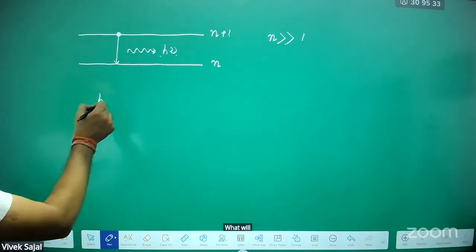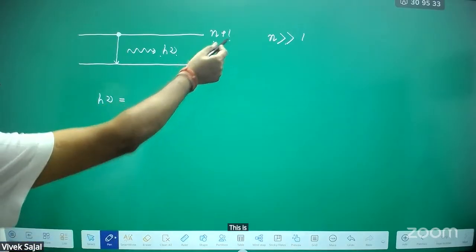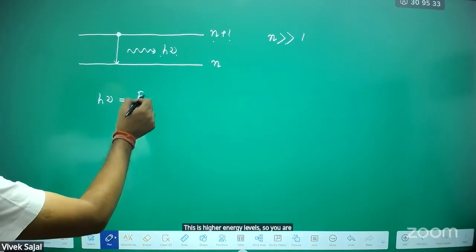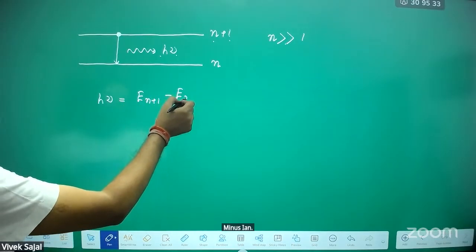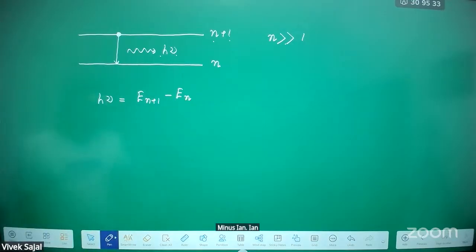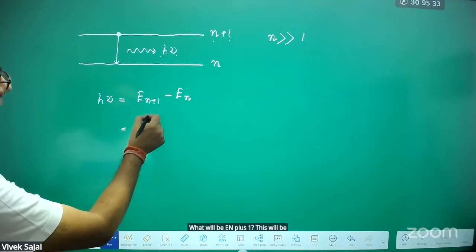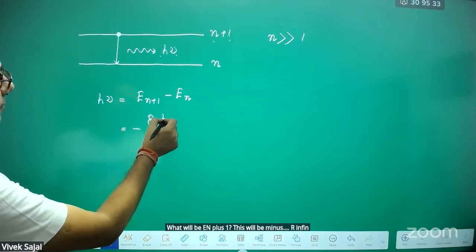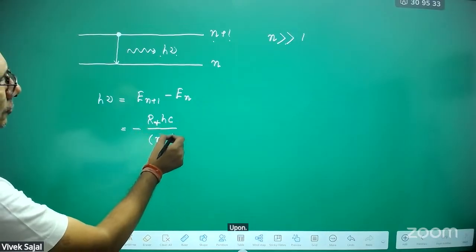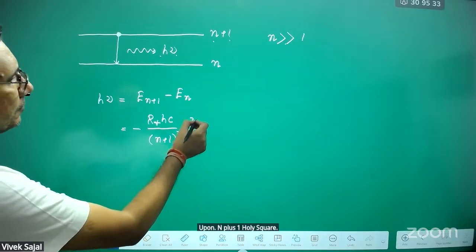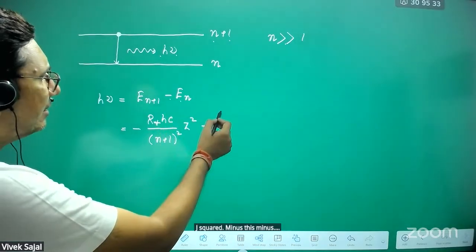So now look at this h nu. What will be this h nu? This is high energy level, so you are going to write it as En plus 1 minus En. What will be En plus 1? This will be minus R infinity Hc upon n plus 1 whole square Z square, minus this minus. इसका एनर्जी कितना होगा?